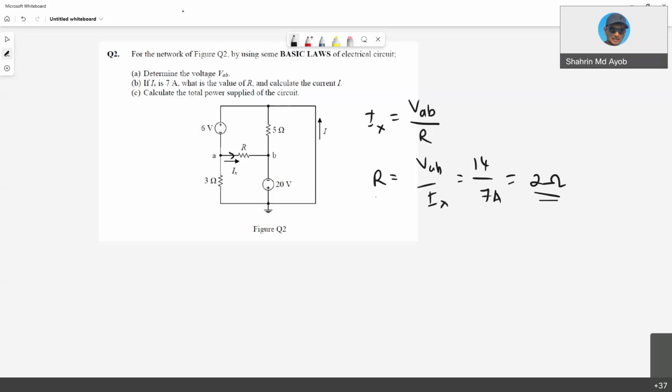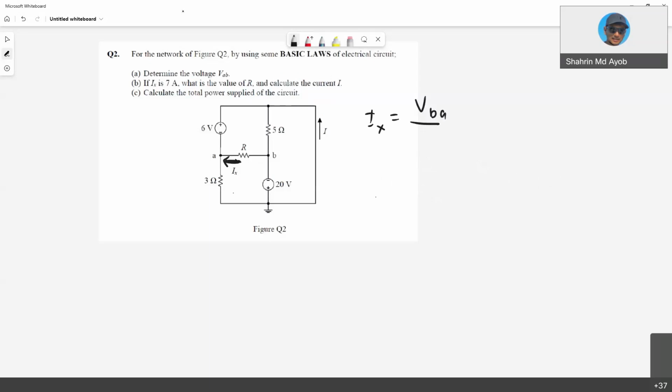What if my Ix direction is actually here? It's reversed. For example, the question is, what is Ix? Okay. So right now, as you can see, the direction of the current Ix is from B to A, meaning that this is VBA.